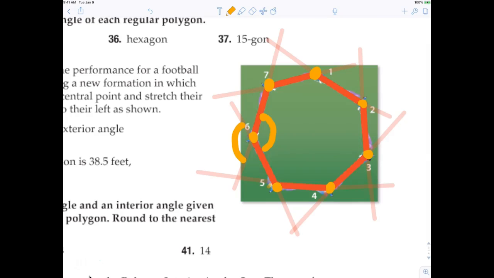Each interior angle, 1, 2, 3, 4, 5, 6. So I'm just assuming if there's 6 interior, there must be 6 exterior. Like I said, I don't really know the logic behind why they would say that, but that's what they're using. So there are the same number of exterior angles as there are interior angles.